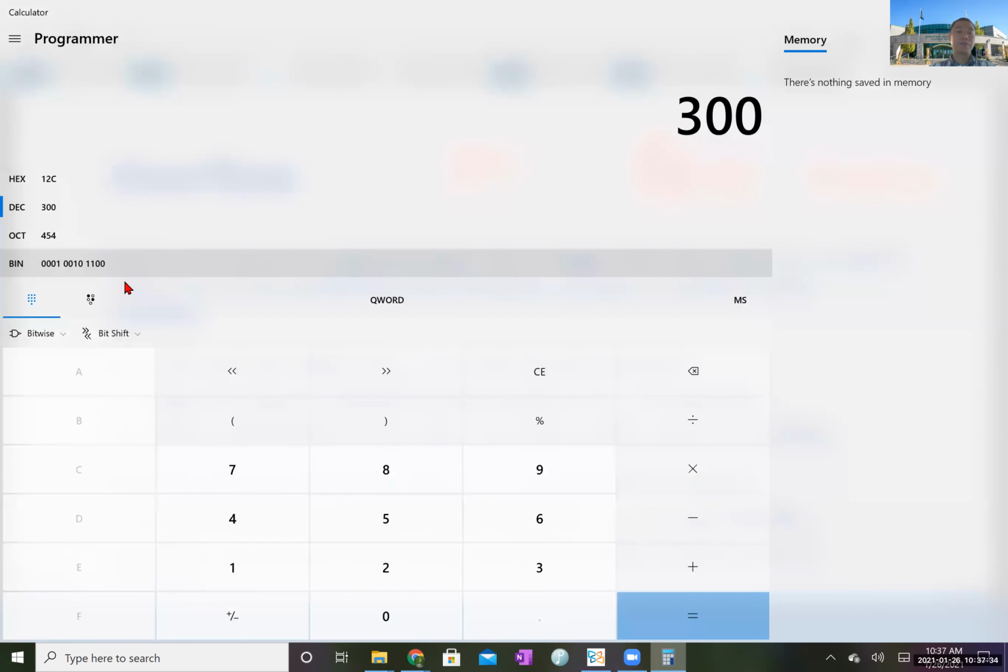In order to store 300, you need at least 9 bits. For that reason, you are not able to store it in the 8-bit location. When you don't have enough memory to store the number, it is called overflow. That's the definition of overflow.